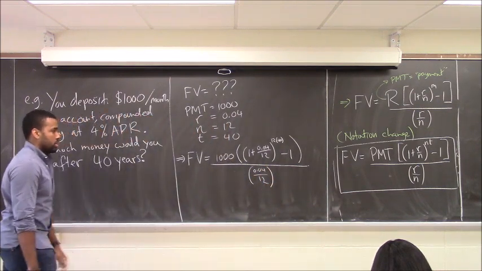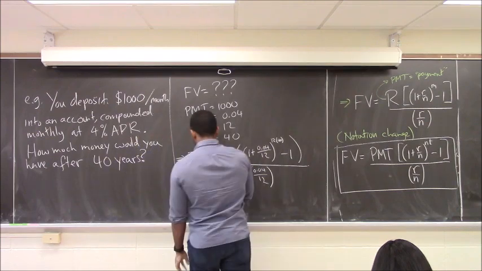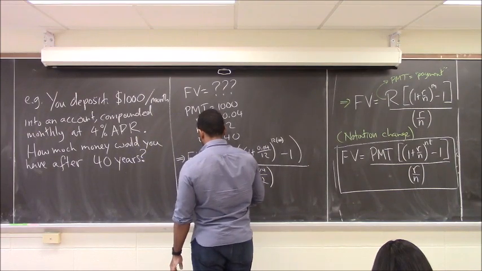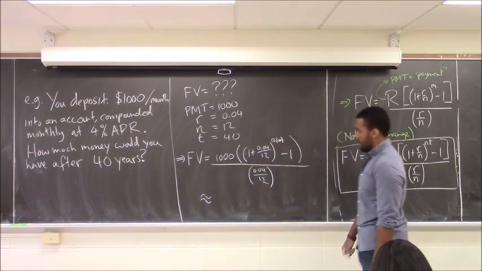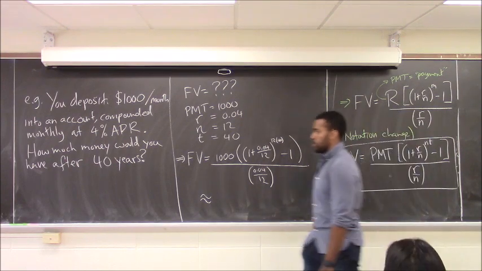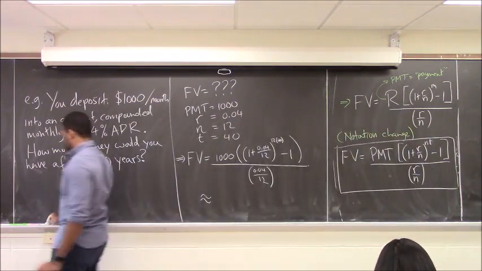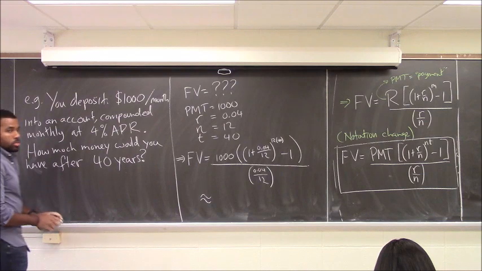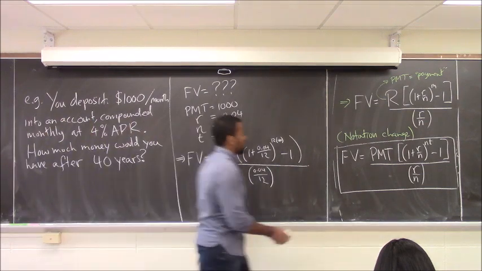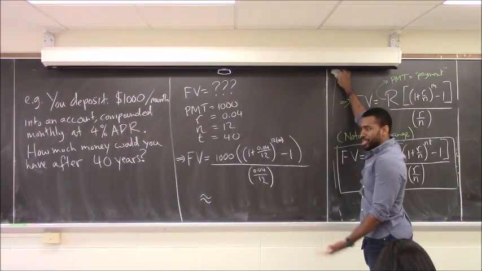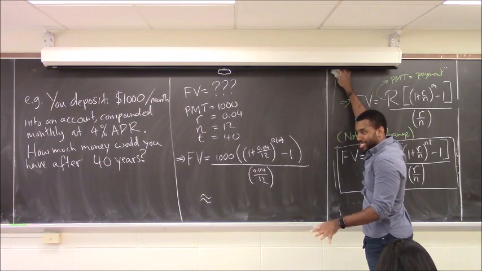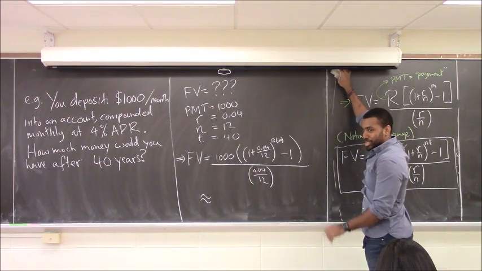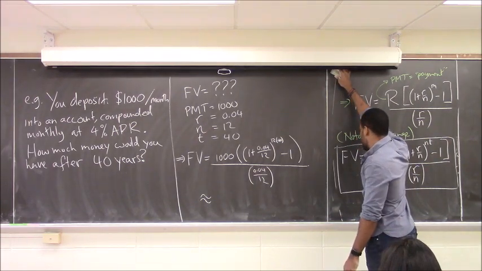Make sure you can plug that into your calculators and tell me what numbers you get after doing that. Definitely try to plug it in, because on the test, if you tell them you don't know how to use your calculator, I can't help you. So make sure you know how to use it before the test comes up.